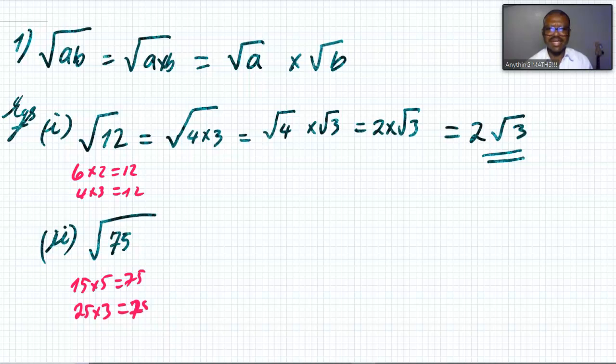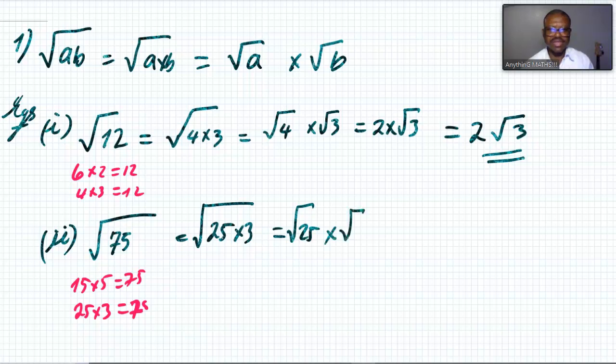Immediately we can see that 25 is a square number, so that's the best one to use. So we can say root 75 is root 25 times root 3, and this will be 5 times root 3, which gives us 5 root 3. Nice and easy.